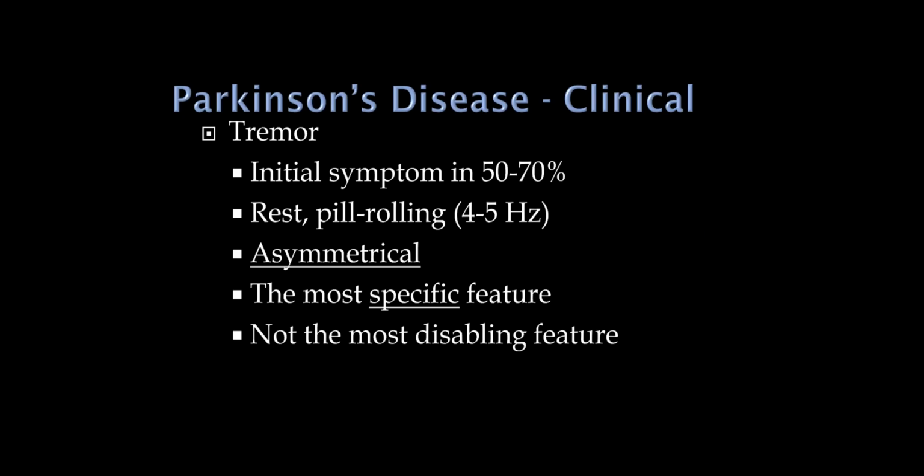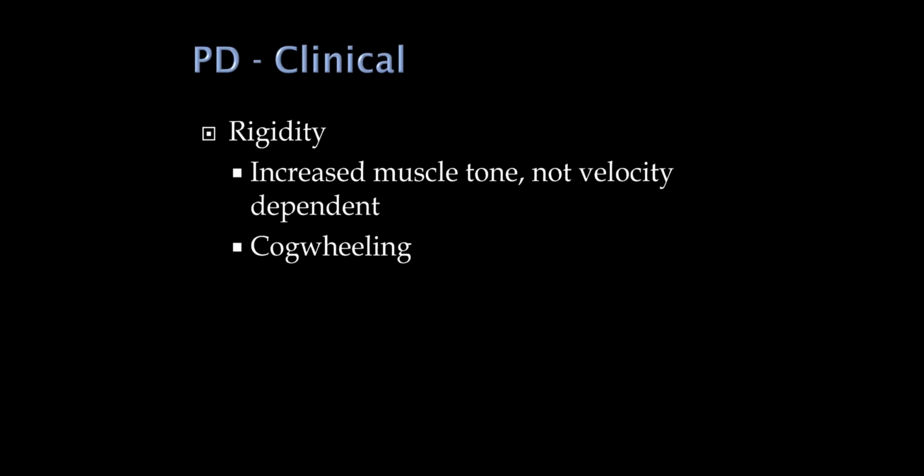So Parkinson's disease, the most specific feature is the rest tremor. If you see someone with a rest tremor, it is most likely going to be Parkinson's disease. That is the first symptom in more than half of patients, but that's not what is disabling. Rigidity, so remember the TRAP: we can fit most of the clinical features of Parkinson's in one of those four categories.